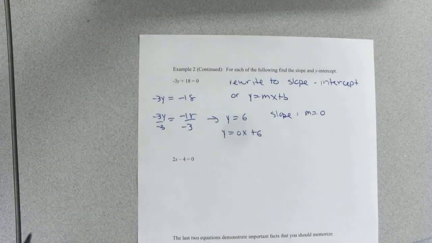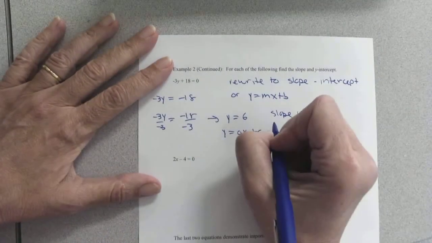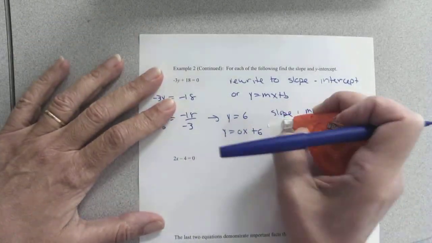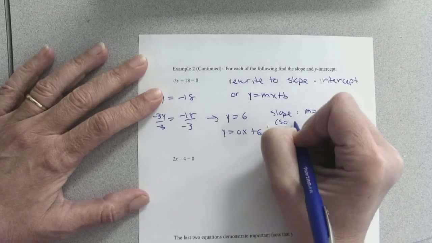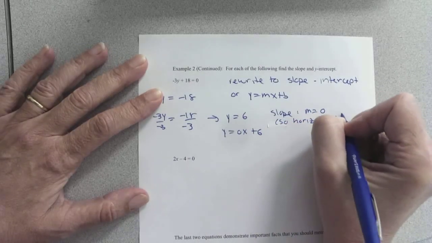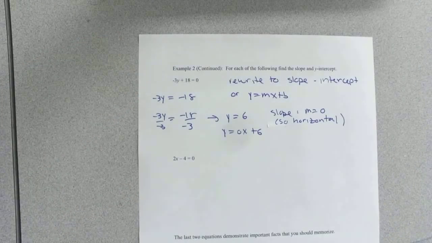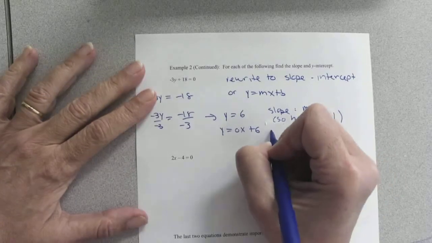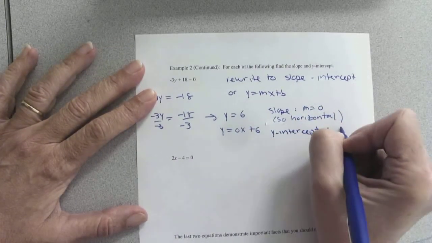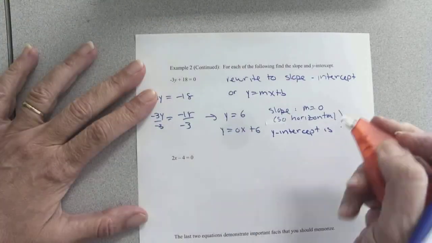So we know that this is a horizontal line. Even though it didn't ask us for that information, we'll throw it in there because I'm going to use that information momentarily. And then we can also see that the y-intercept is 6.